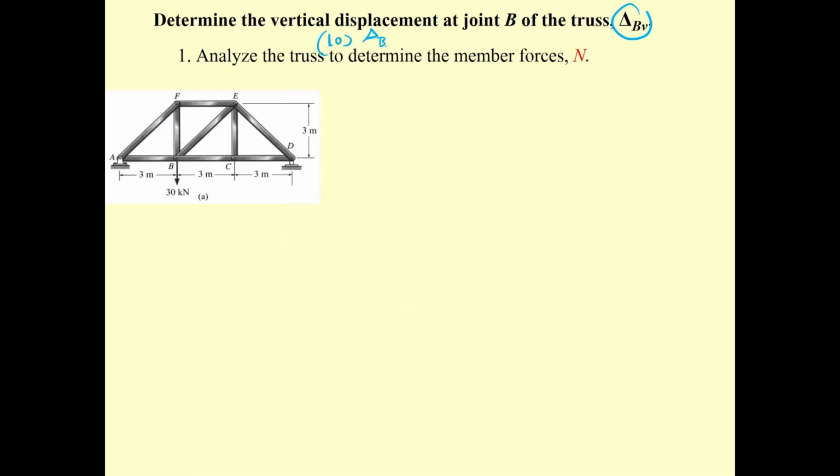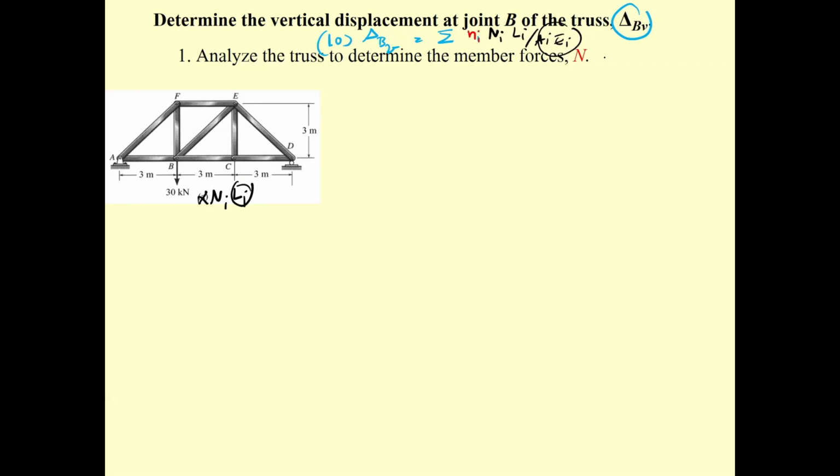Delta sub B vertical is going to be the summation of small n sub i, which can be computed from a unit load at point B in the vertical direction, times capital N sub i. This provides you the capital N sub i, and then L sub i, which is also determined from here, and then A sub i and E sub i.